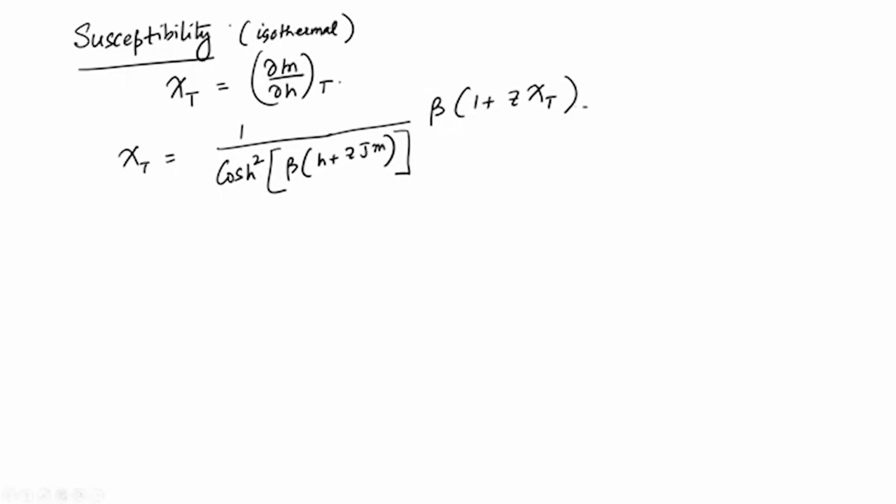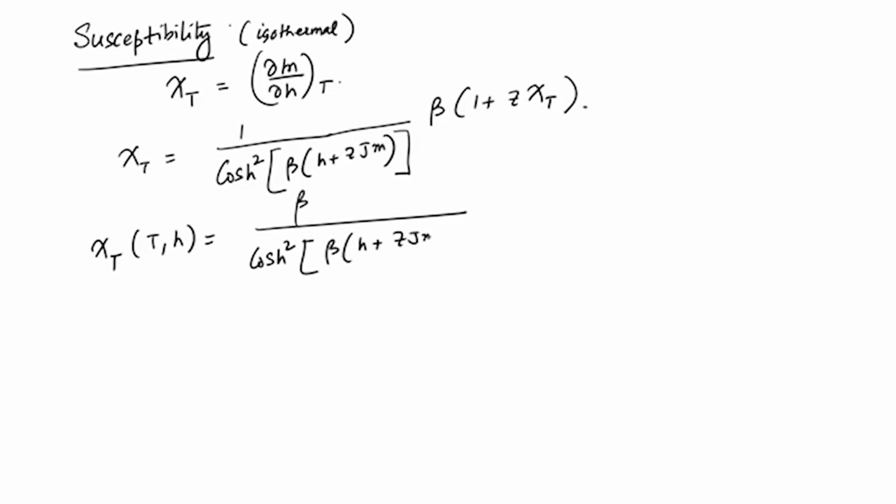So, that is the expression that we get, and again we have to gather this susceptibility chi of t on one side, and then one gets chi of t, H is equal to beta divided by cosine hyperbolic square (beta H plus Z j m) minus beta Z j. So, this is the form of the susceptibility at constant temperature.